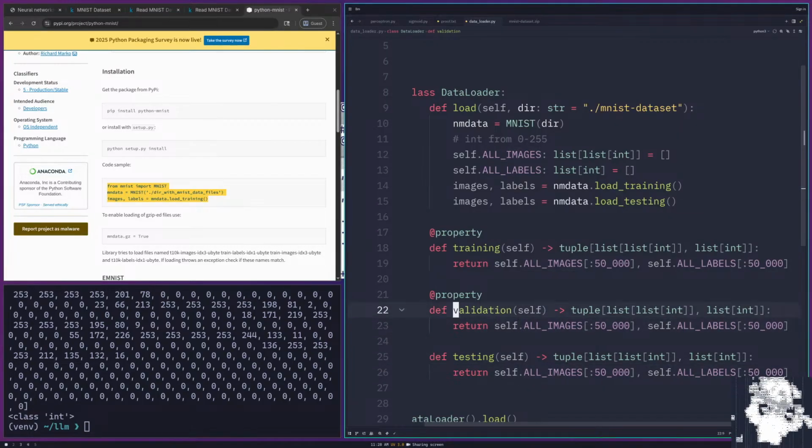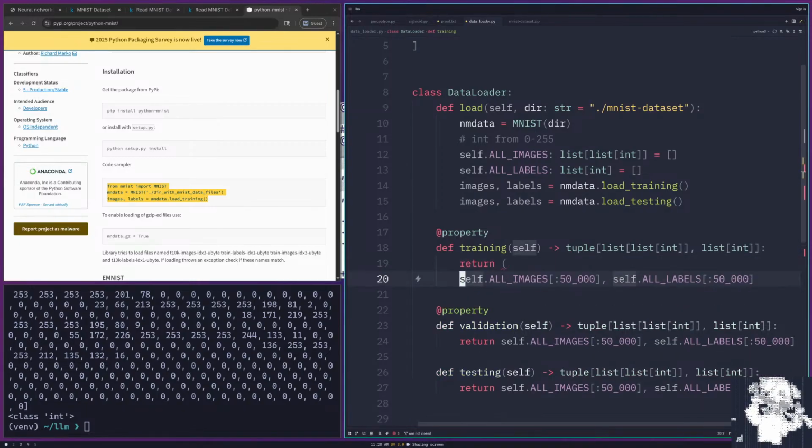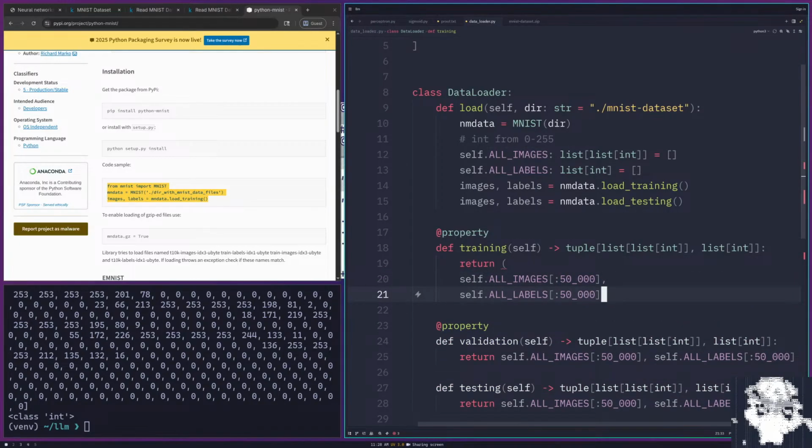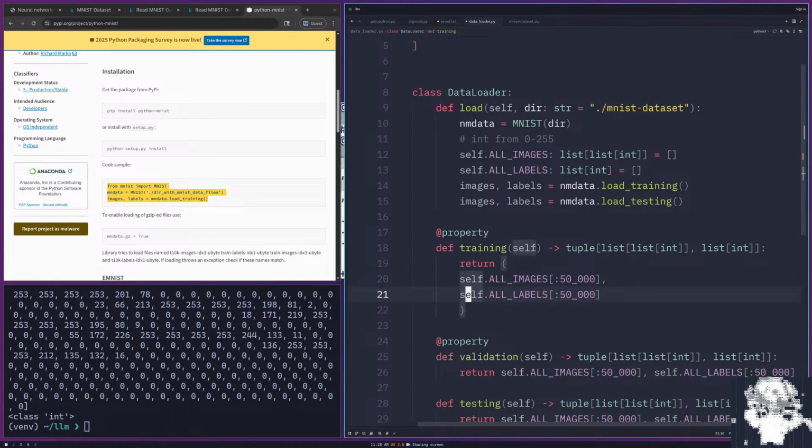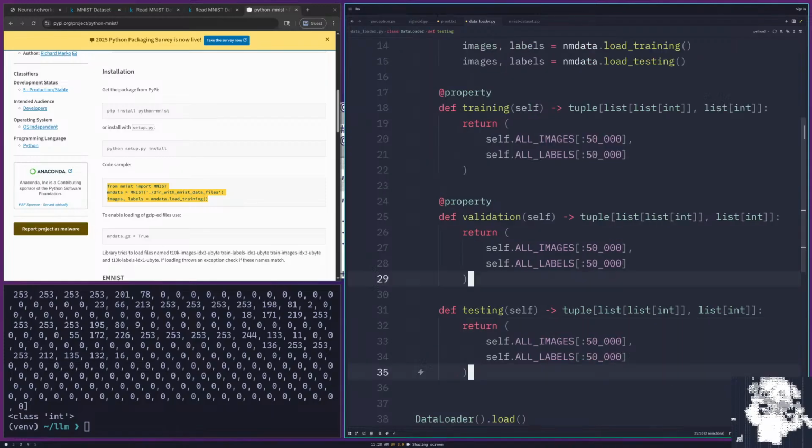So the validation set is from 50,000 to 60,000. And the testing is from 60,000 to 70,000.